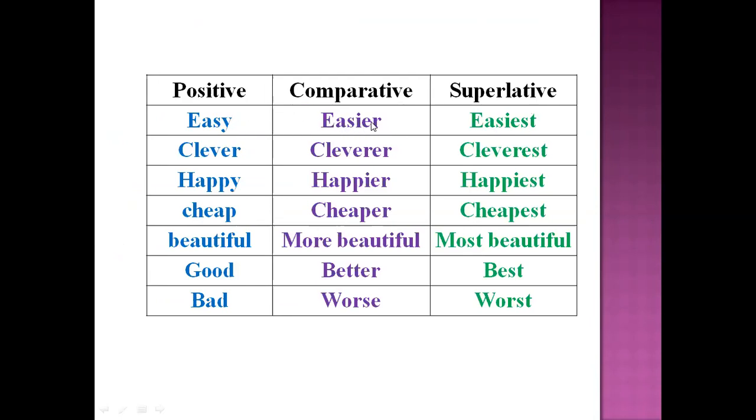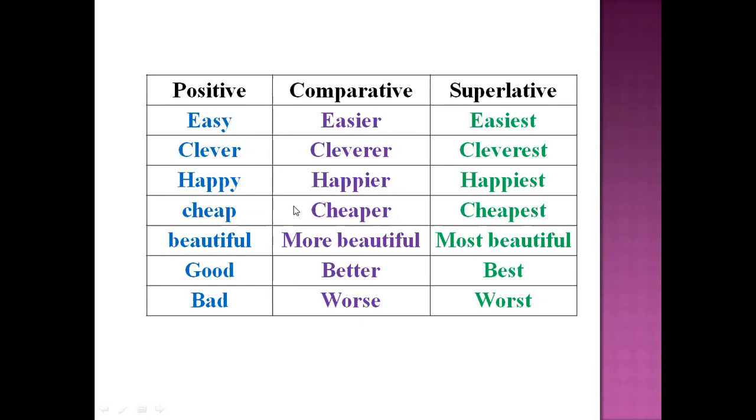Easy, easier, easiest. Clever, cleverer, cleverest. Happy, happier, happiest. Cheap, cheaper, cheapest. Beautiful, more beautiful, most beautiful. Good, better, best. Bad, worse, worst.